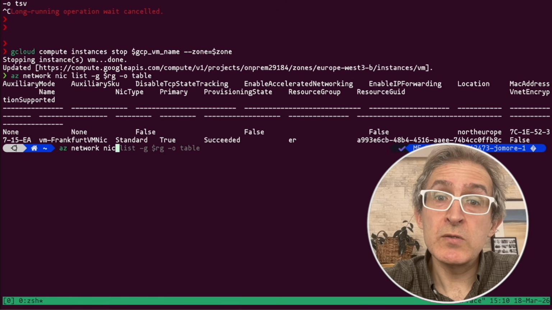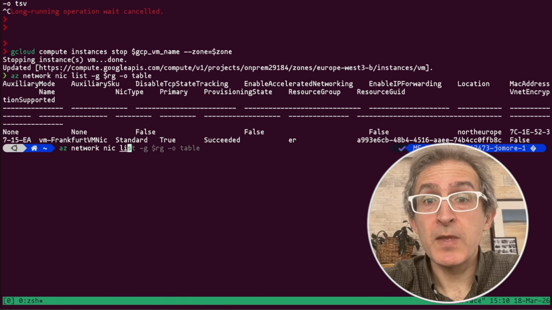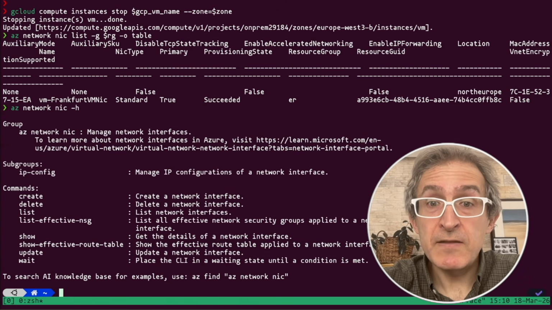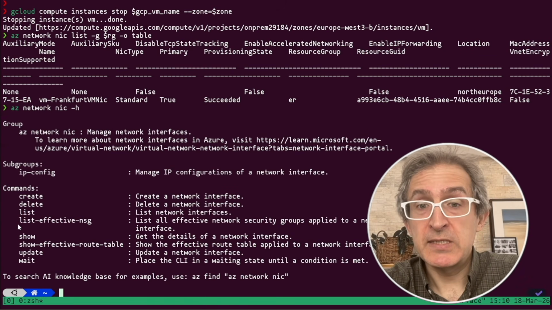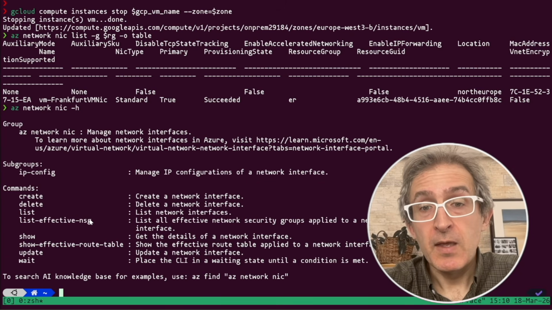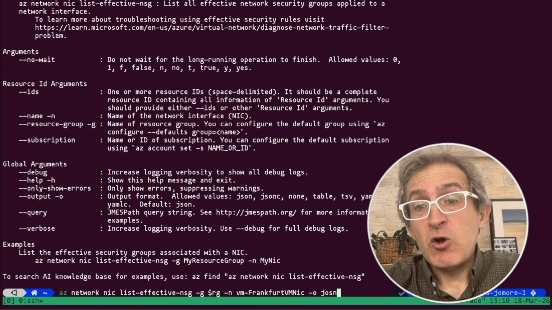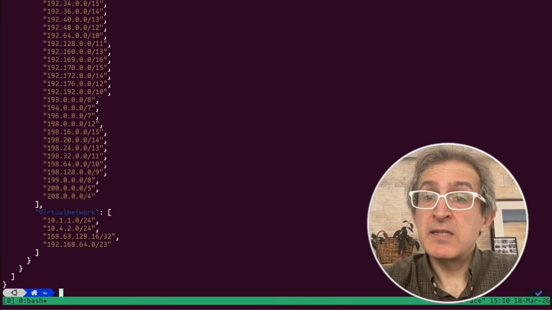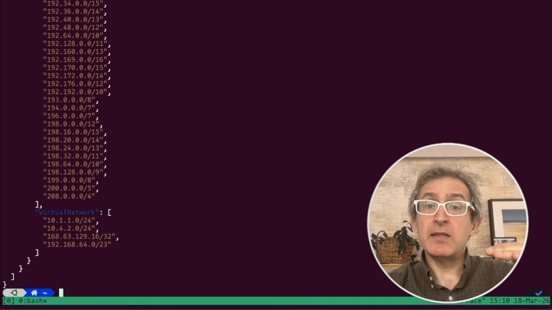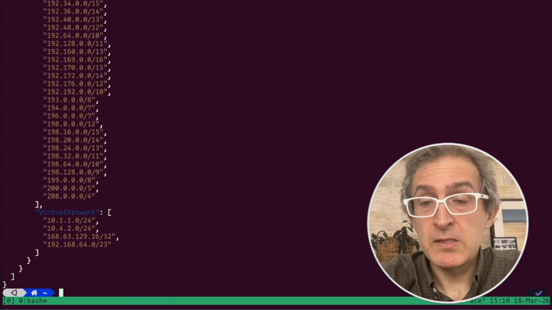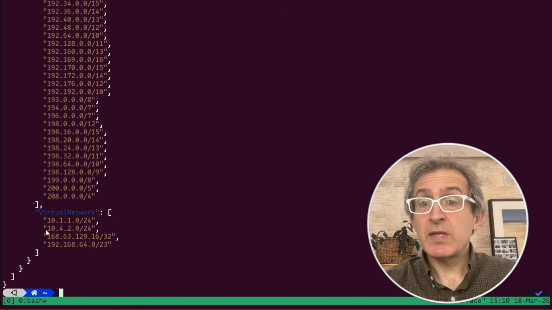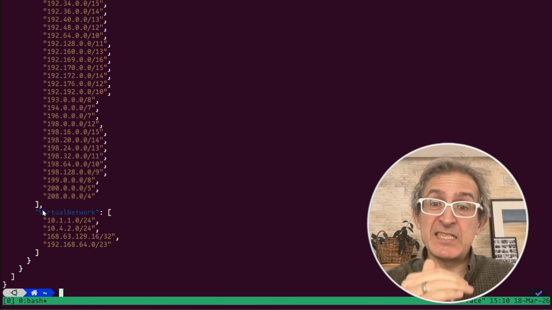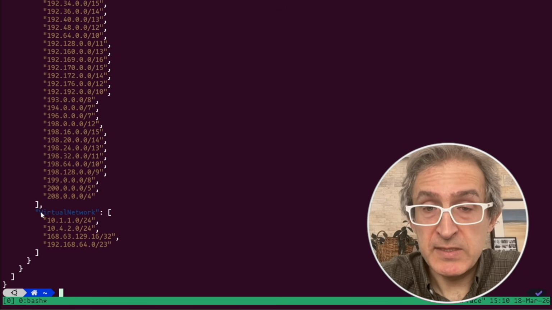What we are going to do here is to use the option for the Azure CLI to list the effective NSG rules, as you can see on the screen. We will output in JSON because we are not interested in the rules themselves, but in the bottom part of it, which informs how this virtual network security service tag is expanded into actual IP addresses.